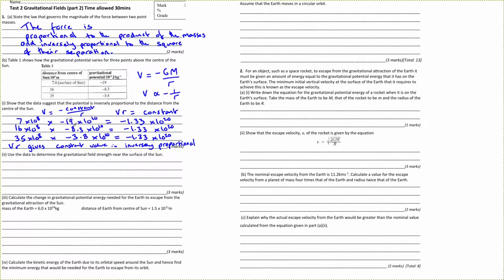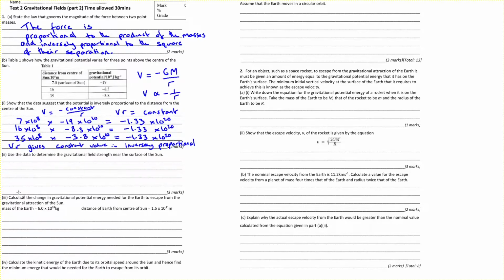In other words, V equals a constant over r. So they are inversely proportional. Vr equals a constant. So there we go, just work out Vr for each row in the table, giving us the same value, giving us a constant, and so V and r must be inversely proportional.